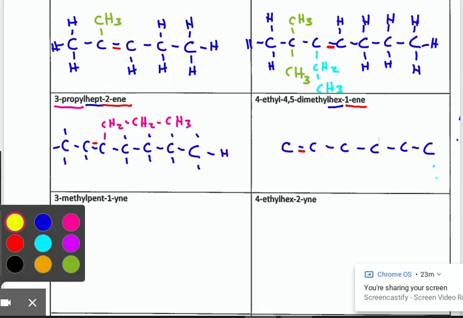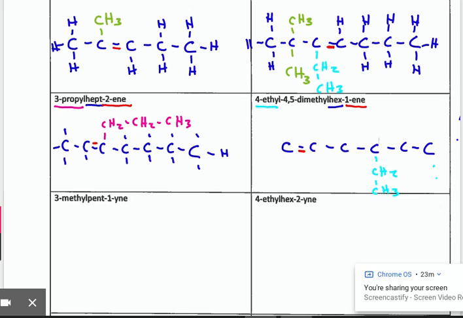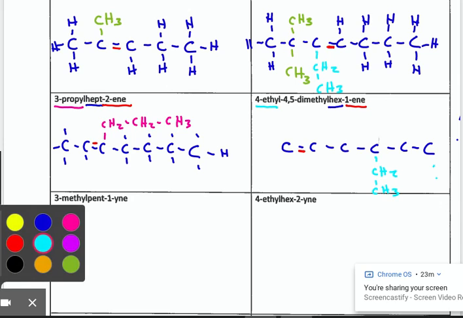And then we have a 4-ethyl, so on carbon 4, an ethyl group, and a 4,5-dimethyl, so a methyl group on carbon 4, and a methyl group on carbon 5.